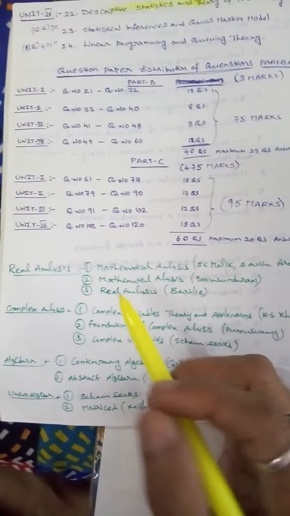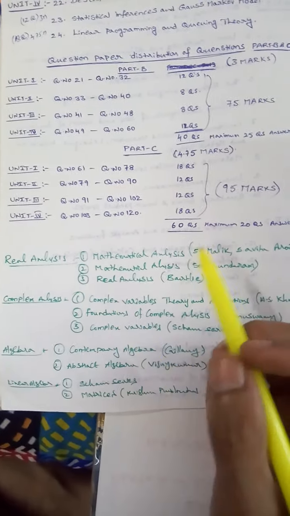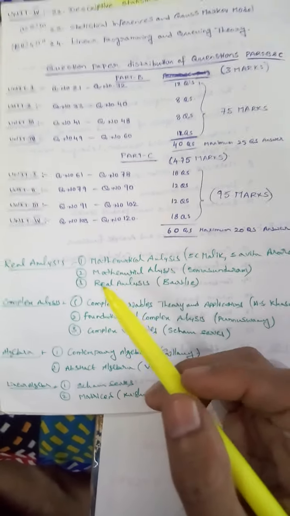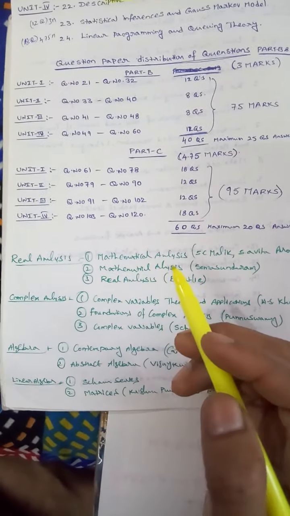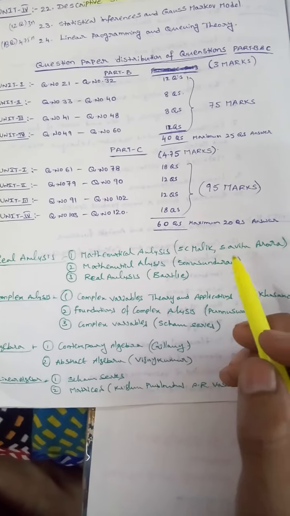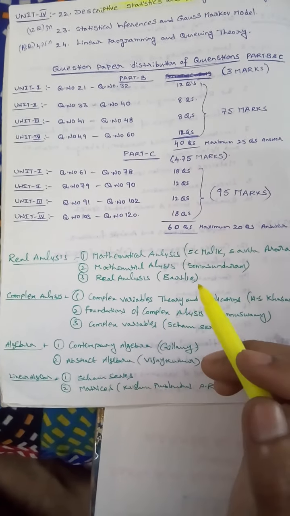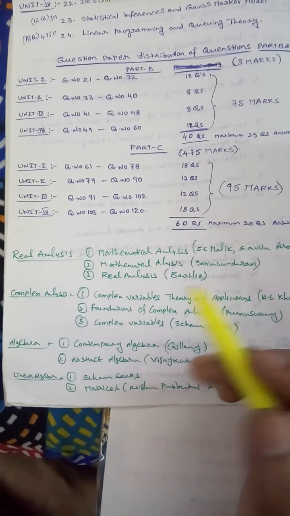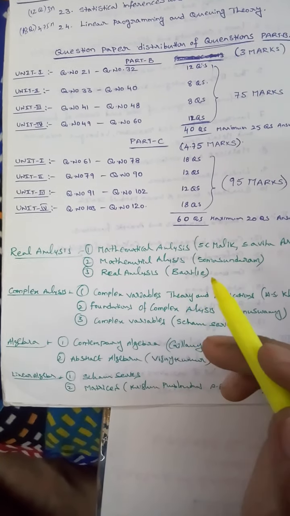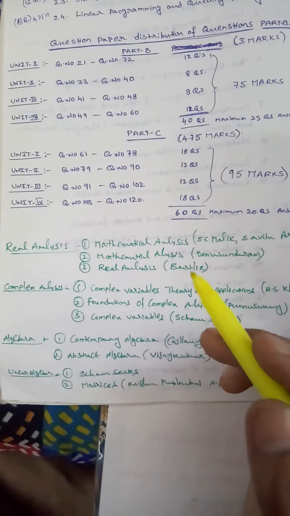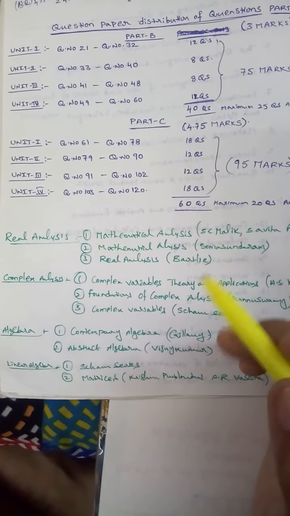Here I gathered some important reference books for CSIR NET. For real analysis: Mathematical Analysis by S.C. Malik and Savita Arora, second, Mathematical Analysis by Shyam Sundar, and third, Real Analysis by Bartle. These three books are very useful to the students.